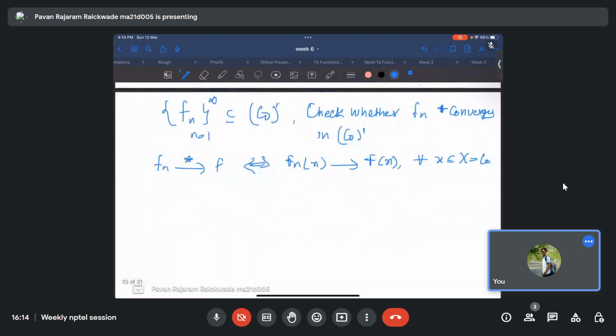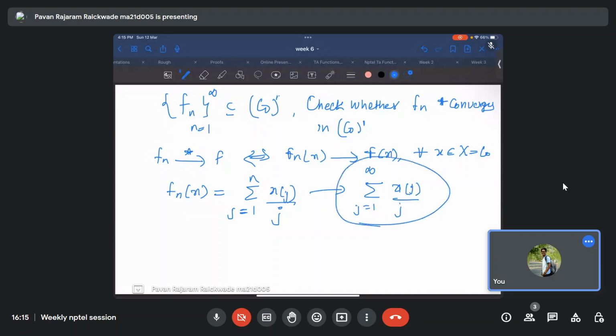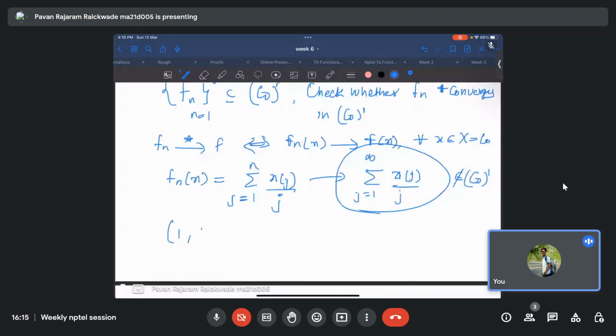But intuitively you can think Fn of x is summation xj by j going from 1 to n. Where should this go? It should go to summation xj by j, j going from 1 to infinity, right? But this need not belong to C naught dash. Why? Because if it belongs, then from the identification we have, here we get the sequence 1, 1 by 2, 1 by 3, and so on.